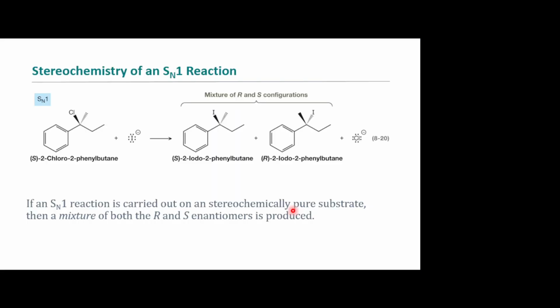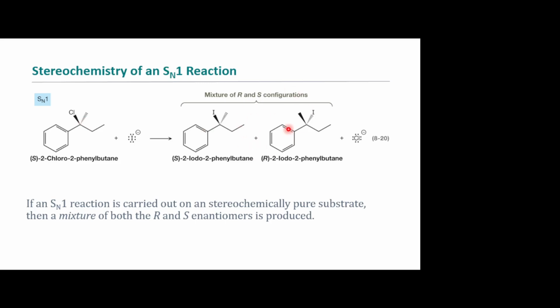Okay. Now, our stereochemistry of our SN1 reaction. These are really easy because we lose our leaving group. So we only have three things around us, and that means we have the sp2 arrangement, which is that trigonal planar arrangement, don't we? Okay. And so you're always going to get a mixture of R and S enantiomers.